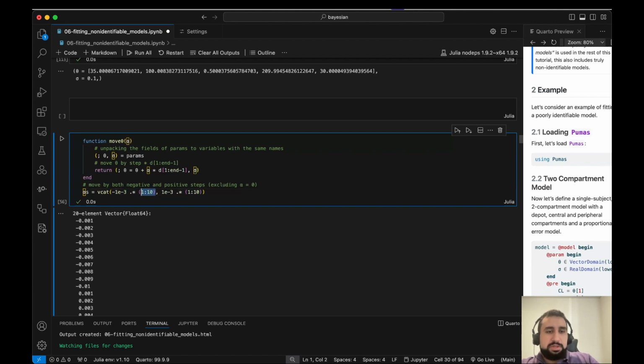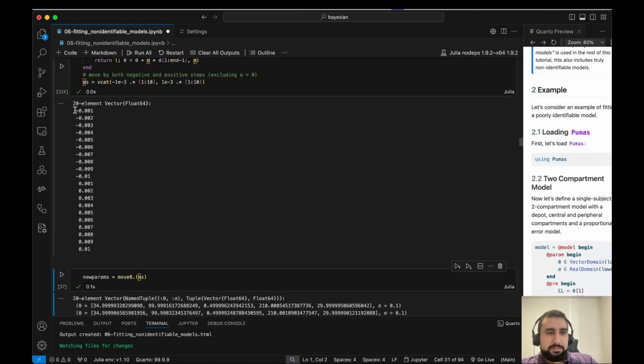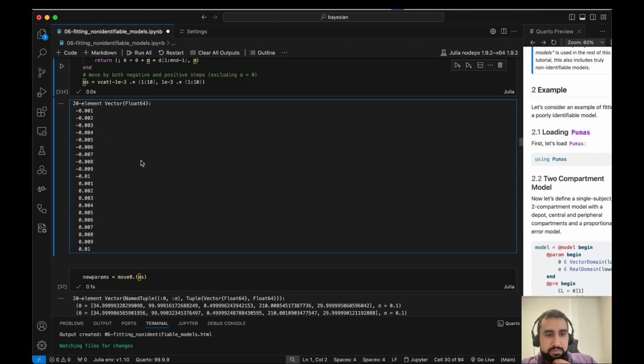So what I'm doing is I'm taking 1 to 10, so 1, 2, 3, 4, 5, 6, 7, 8, 9, 10, and I multiply each one by 10 to the power of minus 3, and I do the negative of that and then the positive version of that, and I concatenate everything. So if I evaluate this, it gives me a whole bunch of alpha values or step size values that I can use for testing this sensitivity, or doing the sensitivity analysis. So these are all the step sizes alpha that I'm going to use.